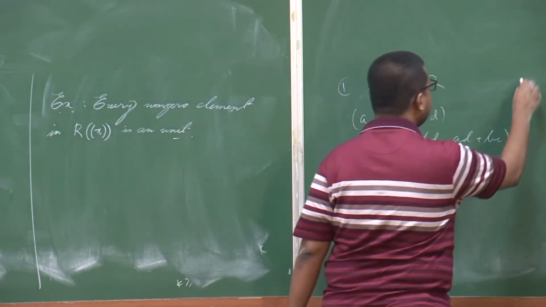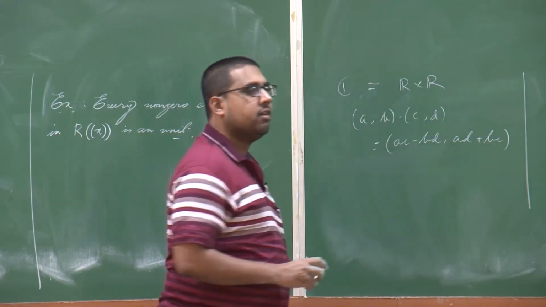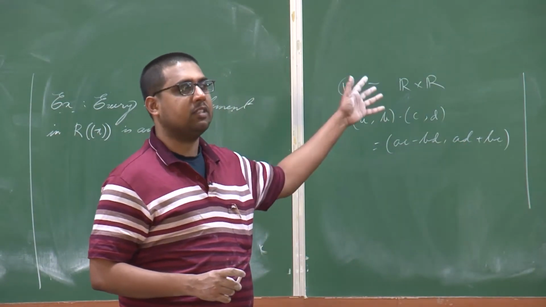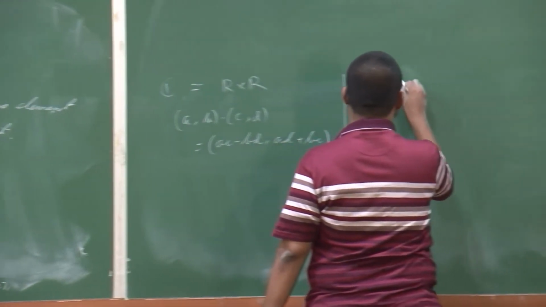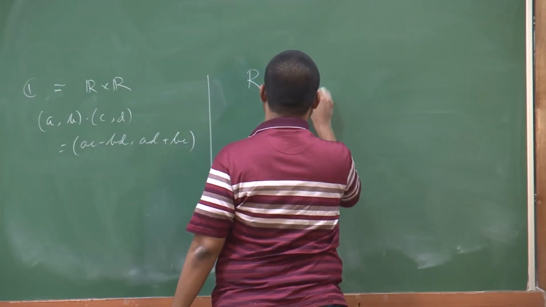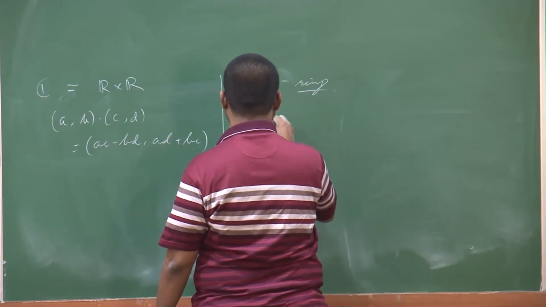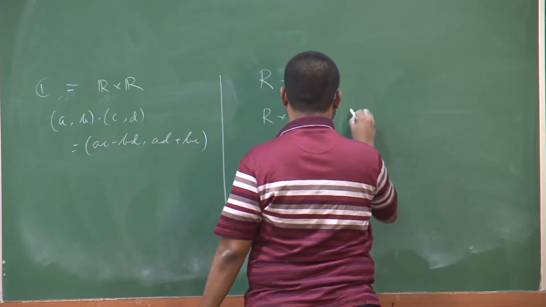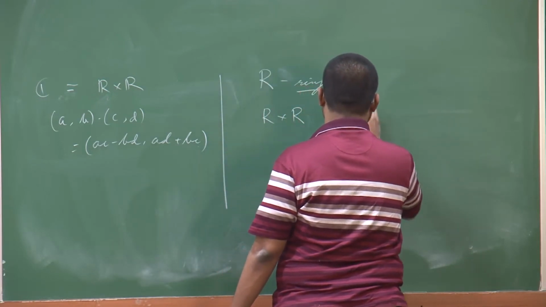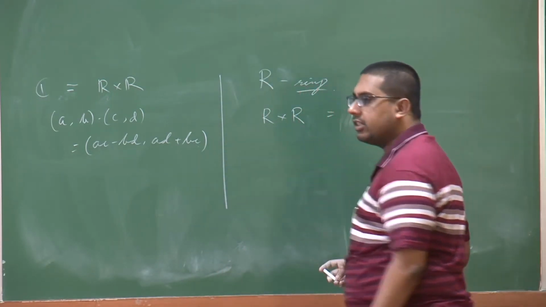So, the same procedure can be applied for any ring R. R is any ring. So, what are we doing? We consider R cross R. We denote this by R_C. The C means complexification.